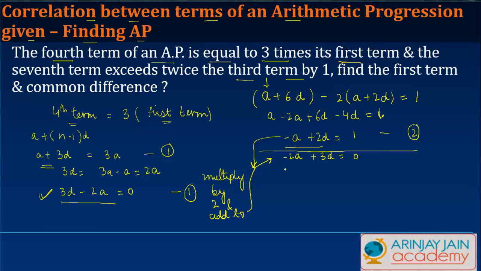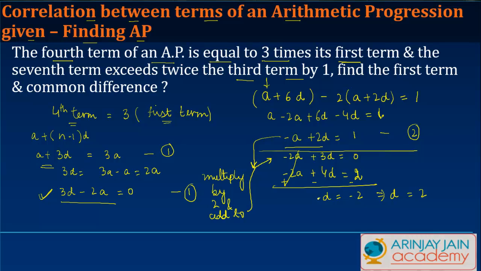If I multiply by 2, I get minus 2A plus 4D is equal to 2. When I add, these two cancel themselves out. I get D is equal to 2.